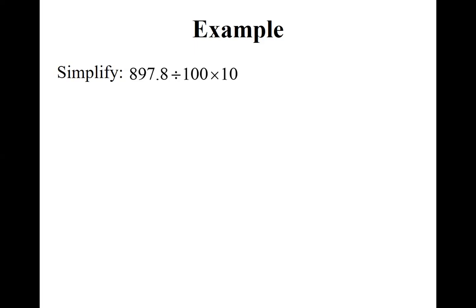Here we just have division and multiplication. We know it's PEMDAS. We know that even though the M comes before the D, that is in the same step. So left to right, as we come to it, we would have this division first, then the multiplication.